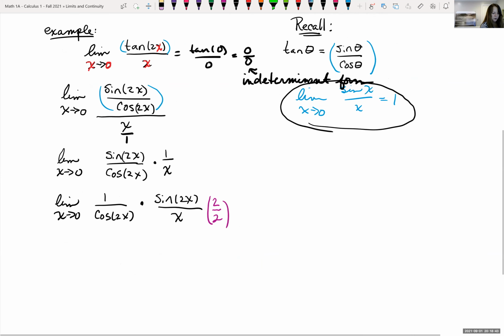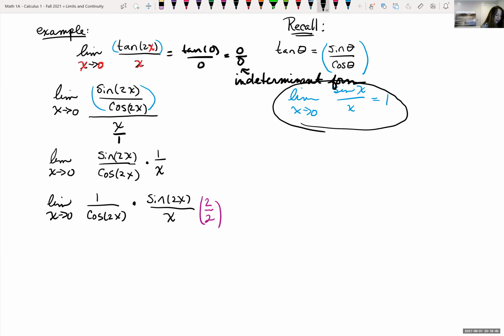So let's use our rules. If we rewrite this, the limit as x goes to 0, I don't need this 2 out here. I can leave it out there, or I can put it in front.